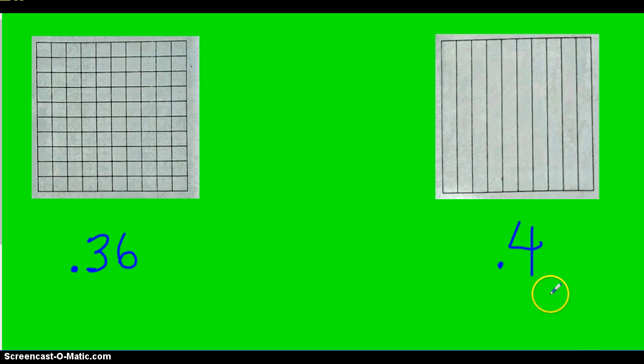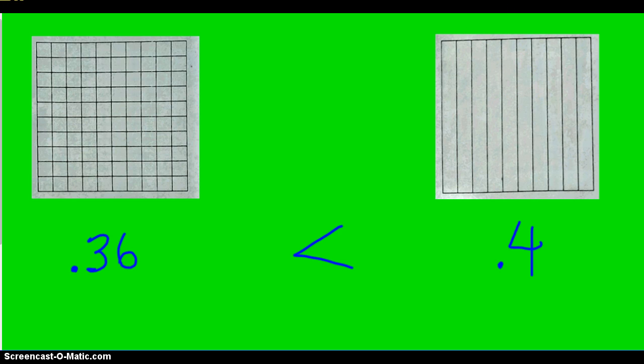If you can, try to count them out, pause it so you can still see the grids, and then see if you can figure it out. Well, if you said that 36 hundredths was less than 4/10, or 4/10 is greater than 36 hundredths, then you are correct.